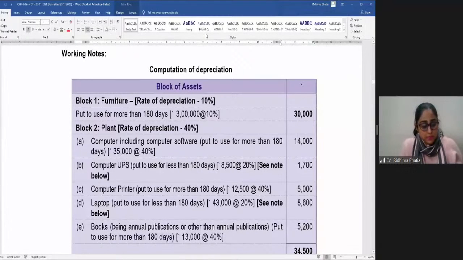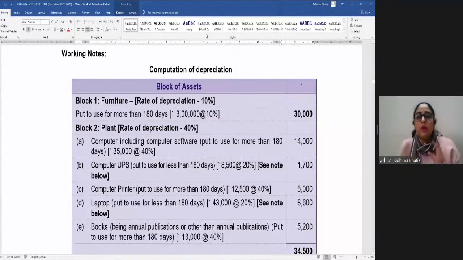Now think from a business logic. Why so? You are into your PGBP income, and over the years you are charging depreciation. You charge the depreciation on the cost.